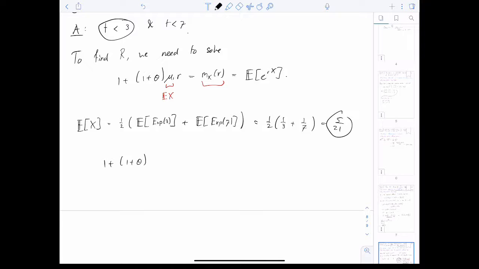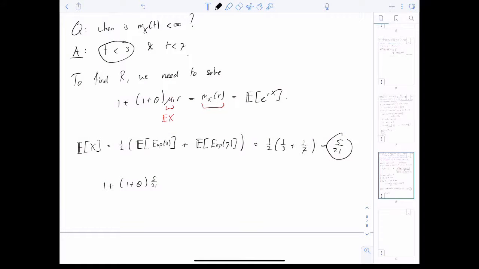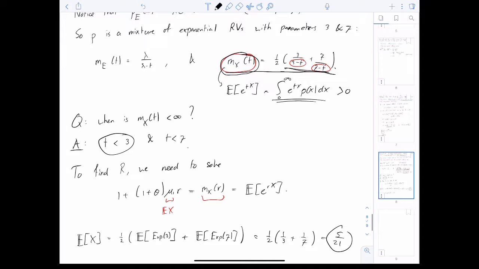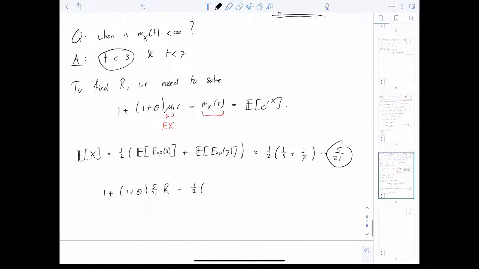So we plug in the values for this equation. We plug in the first moment of x, mu1. Then we multiply this by capital R, and we set this equal to the moment generating function, and that was equal to 1/2 times this expression, and then we plug in r for t, so it's 3/(3 minus r) plus 7/(7 minus r).